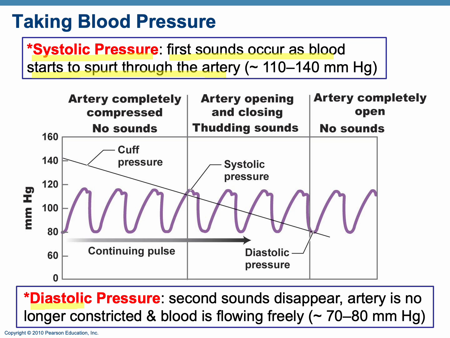And the second piece of data you're going to collect is the diastolic pressure. So those sounds are going to disappear, and the artery then is no longer constricted, and blood is going to be flowing freely. And it takes time to practice. If you've never done it before, believe me, it takes time. Believe me, I know. But very important skill to know. Many of you might already know how to do this. And if that's the case, it's practice.